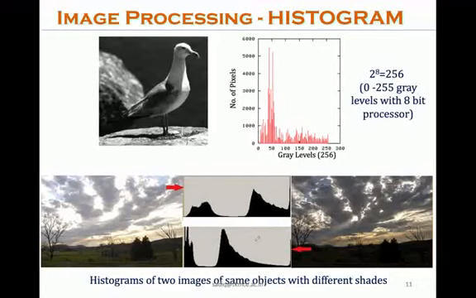So if we know the intensity of each pixel and plot it like this, it is also possible for the system to add or subtract certain values to the numerical value of each pixel. If we add or subtract a constant value in all the pixels, the histogram will be slid to the right or left.